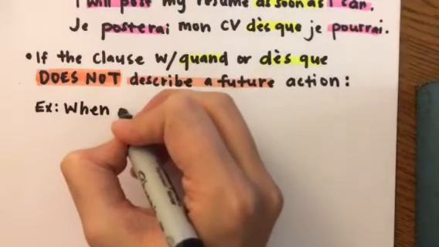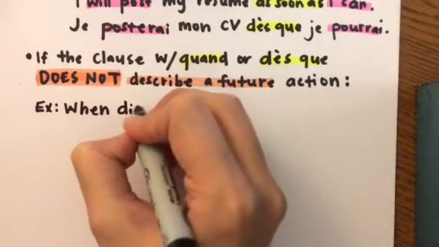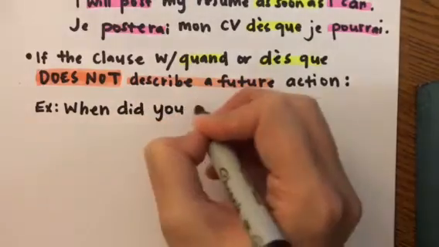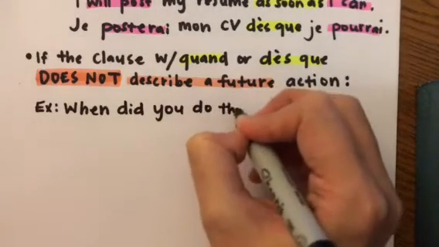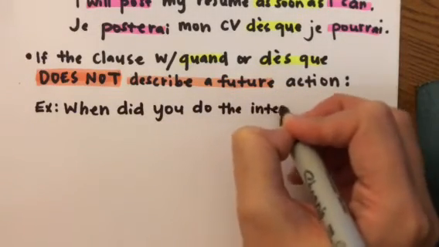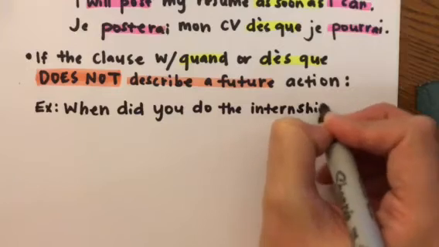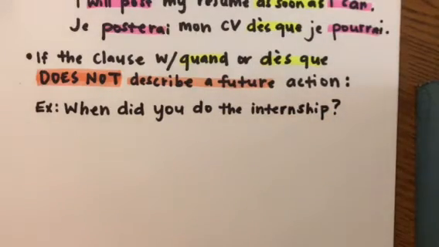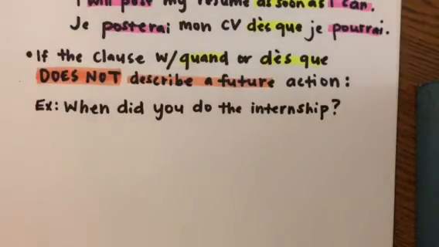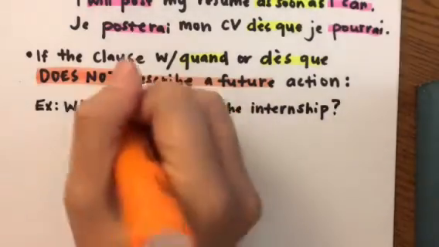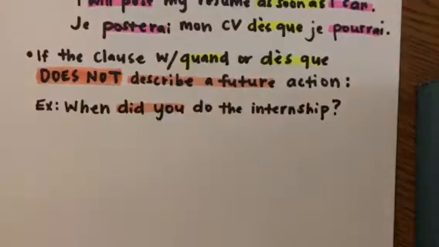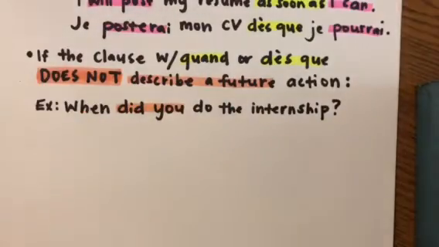When did you do the internship? Immediately we know this isn't a future tense. When did you? Did you is the past tense, so I know that this one is going to be passé composé.